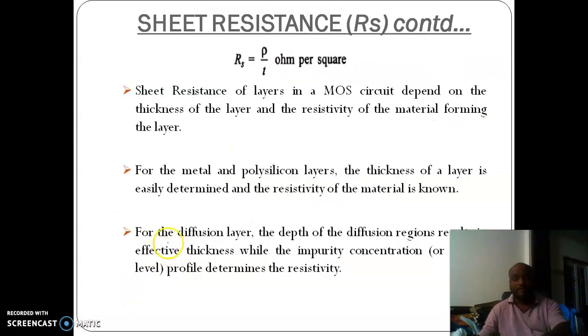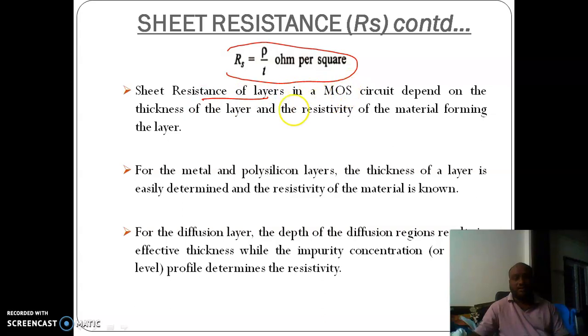Hope that is clear. So now we have a few points based on this equation that has been derived. Sheet resistance of layers depends on the thickness of the layer and resistivity of the material. This is the resistivity and this is the thickness. Evaluating this resistivity and thickness for metal and polysilicon layers is easy.